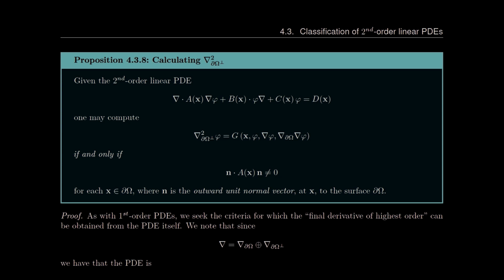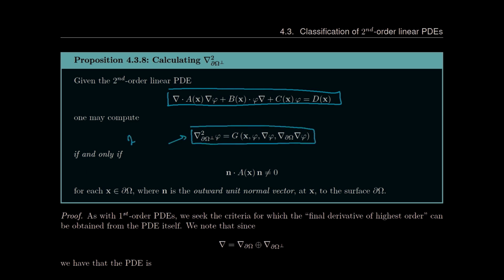That's back in section 3.3 if you want to go back there. But the difference is that now my PDE is second order linear rather than first order arbitrary. Second order linear, and I'm saying that you can compute the second directional derivative in the normal direction to the boundary.